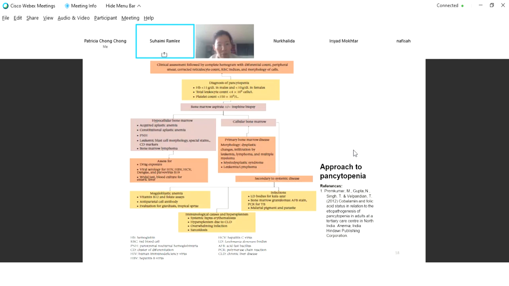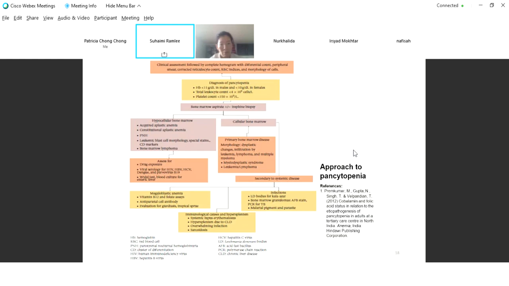So what we can see is whether there is a hypocellular bone marrow or a cellular bone marrow. Some causes of hypocellular bone marrow include acquired aplastic anemia, constitutional aplastic anemia, bone marrow lymphoma, and others. Then we need to assess for drug exposure to look for the cause, and viral serology. For cellular bone marrow, it can usually be divided into primary bone marrow disease and secondary systemic disease.